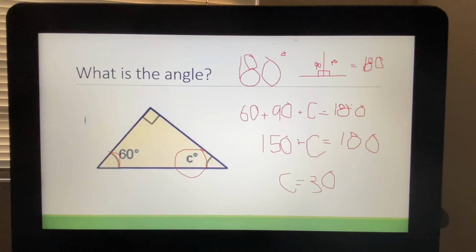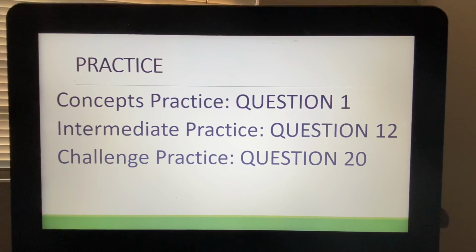And if you think, oh, Mr. Martinez, this is easy, this is cake, no problem, then you're going to start with the challenge practice questions. So starting at question 20. And like I said, if this is too challenging, go to question 12. And you guys can bounce back and forth between these as long as you're finishing the questions and you feel confident. These challenge practice questions will be more wordy, giving you real world situations that you need to figure out.